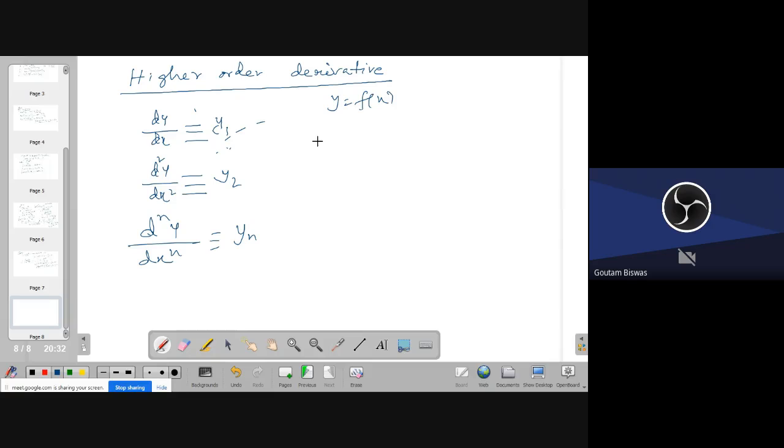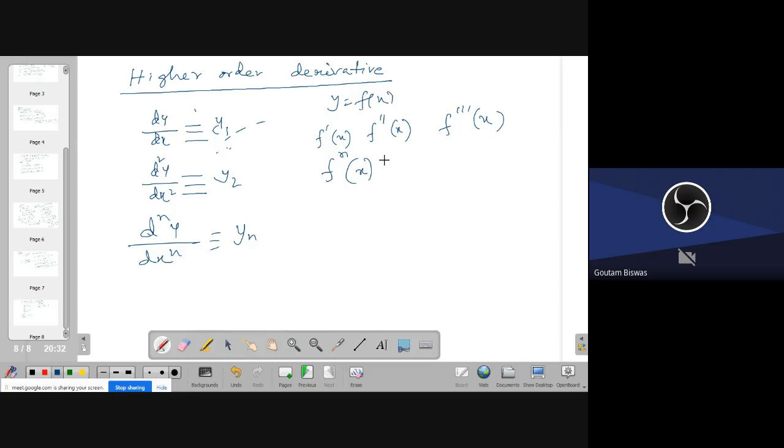Sometimes you will see in books it is written as f dash x for the first derivative, then f double dash x for the second derivative, then f triple dash x for the third derivative, and so on. For the nth derivative, you can write f^n(x).